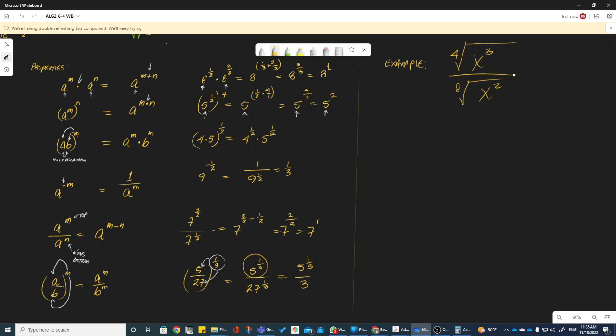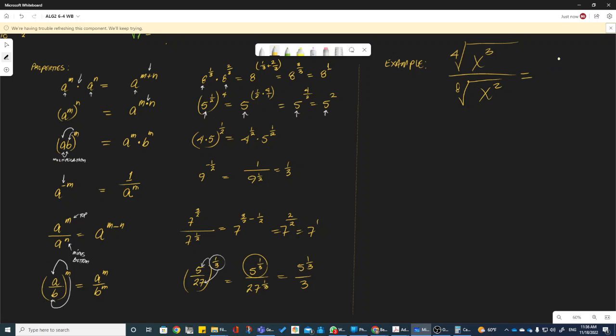Okay, the fourth root of x to the power of 3, and then the eighth root of x to the power of 2. Okay, so you need to convert this into exponential fraction.